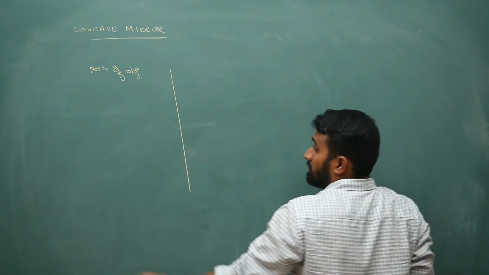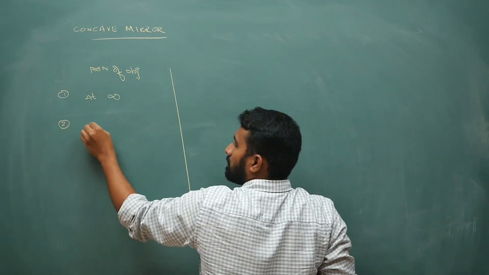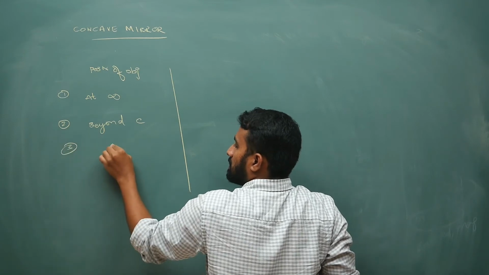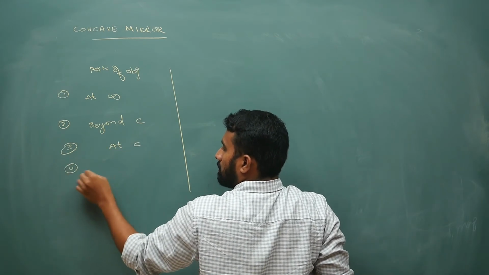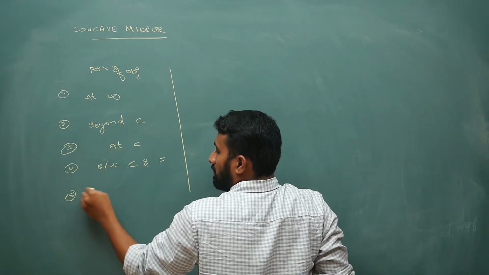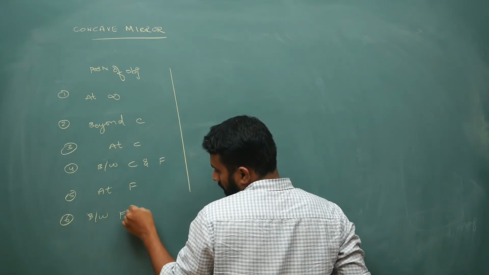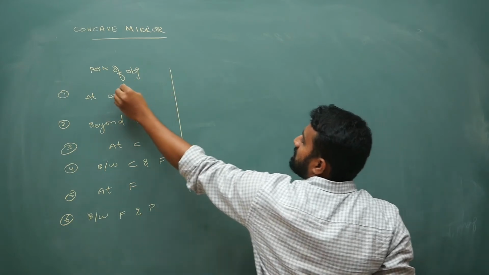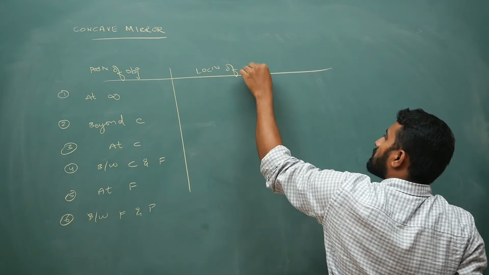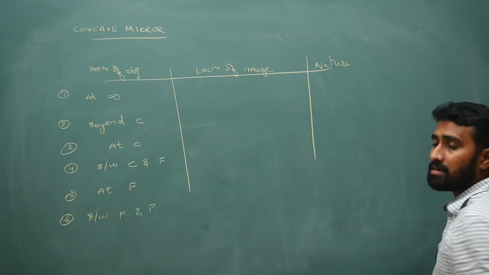You fill in when the object is at infinity, beyond C, at C, between C and F, at F, between F and P. In the first column position of object, second column location of image, third column nature, whether it is real, virtual, erect, diminished, everything.